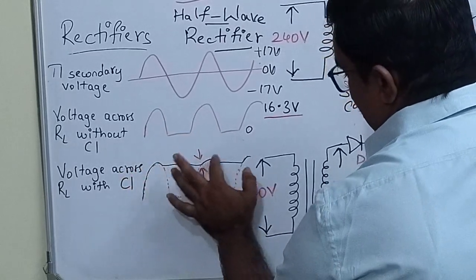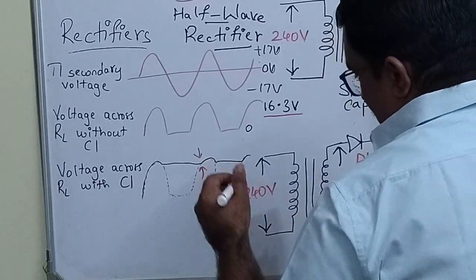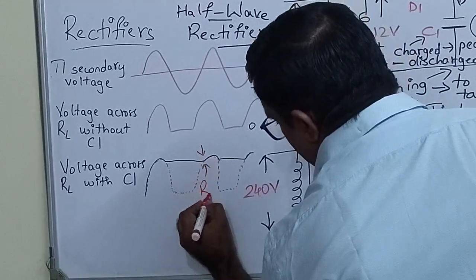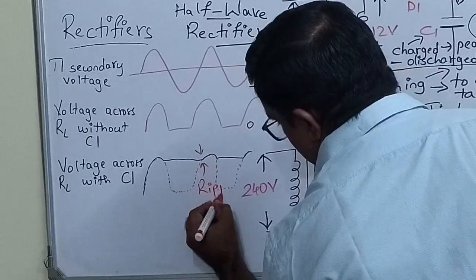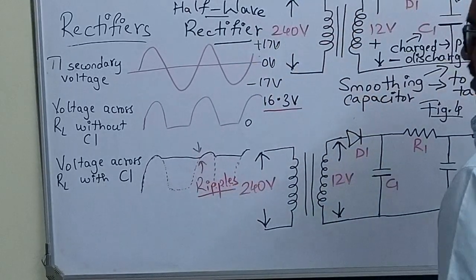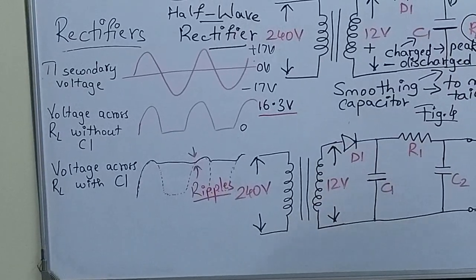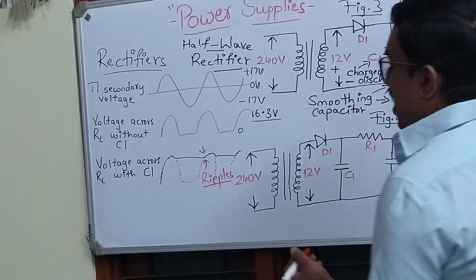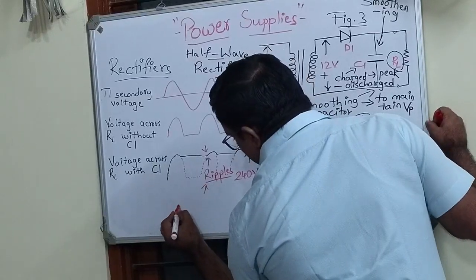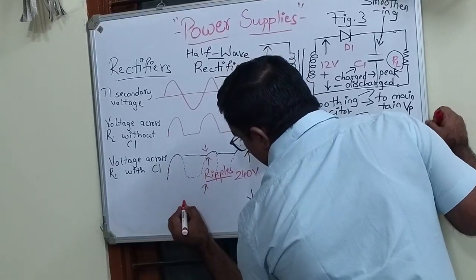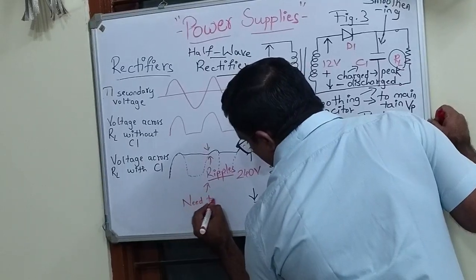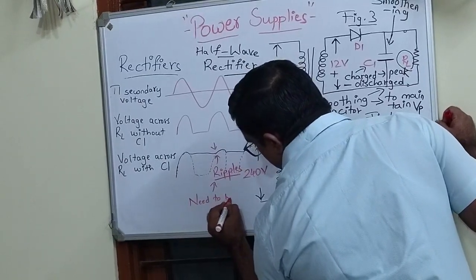Here we have these small peaks, which are considered as ripples, and these ripples need to be removed.